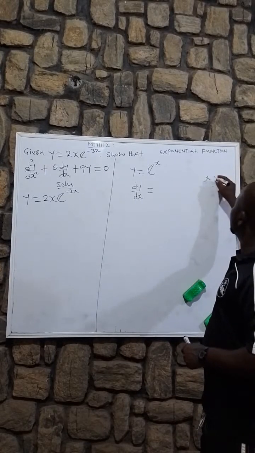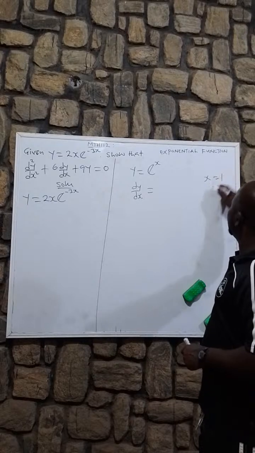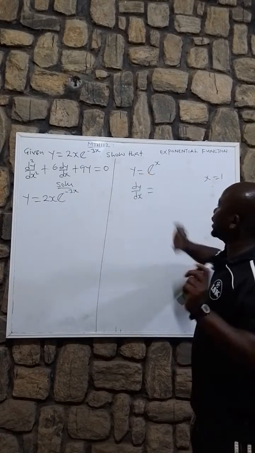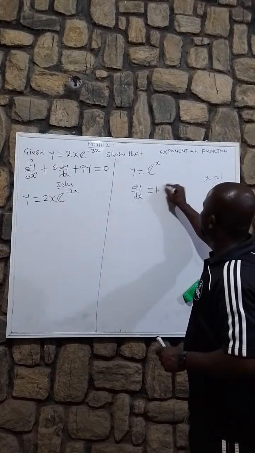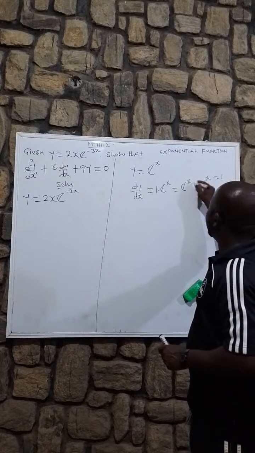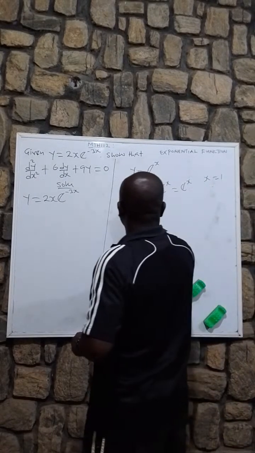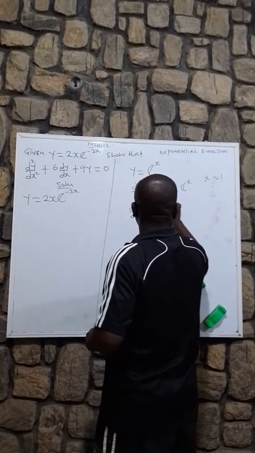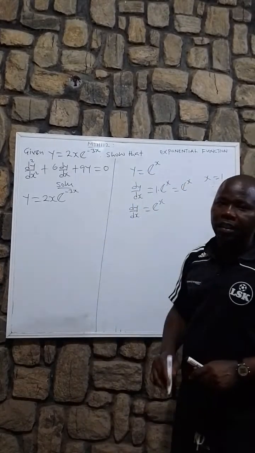So if you differentiate x, you are supposed to have 1, true or false. Then use this to multiply this thing. That is the answer. So 1 times e to the x is the same thing as e to the x. So dy all over dx is going to give you e to the x. Do you understand?